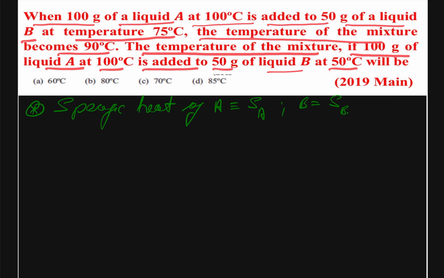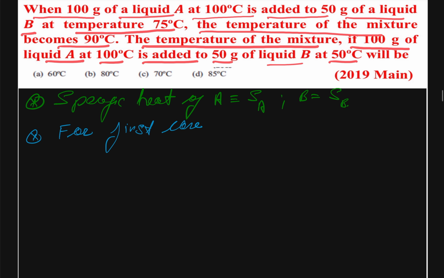So we can say for the first case, we have 100 gram of liquid A. So this comes as MA SA delta TA plus MB SB delta TB is equal to 0.